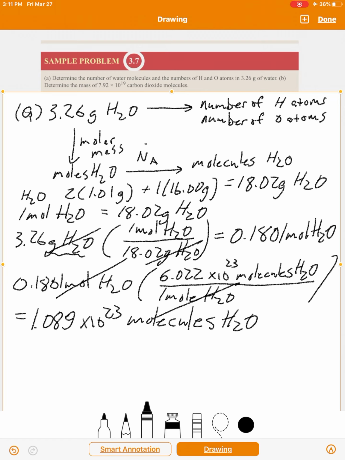Okay? We're not there yet because we want to know the number of hydrogen and oxygen atoms. But take a look at the formula for water. Water has 2 hydrogen atoms per 1 water molecule. And how many oxygen atoms does 1 water molecule have? That's right, 1.